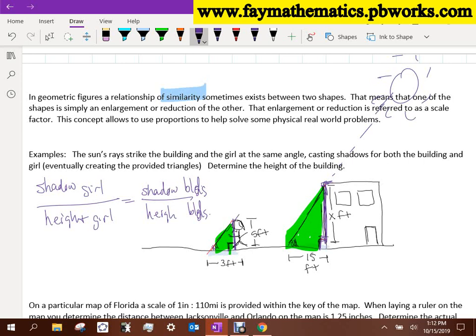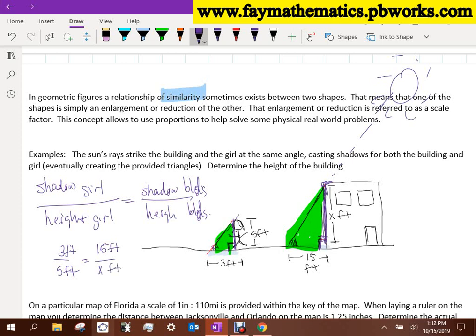So the shadow of the girl, using this information, is 3 feet, right? Height of the girl is 5 feet. Over here, what was the shadow of the building? 15 feet, right? What's the height of the building? We don't know that.